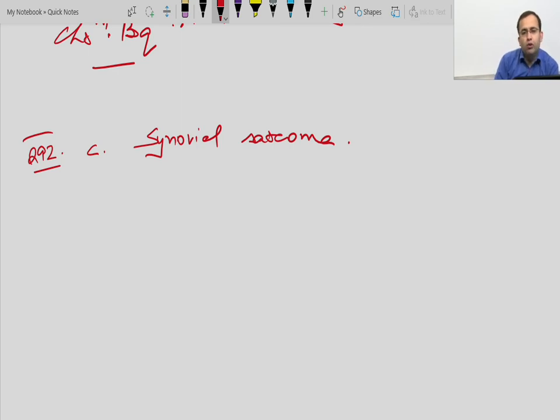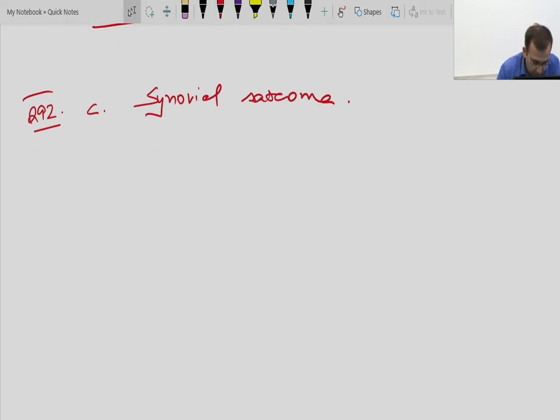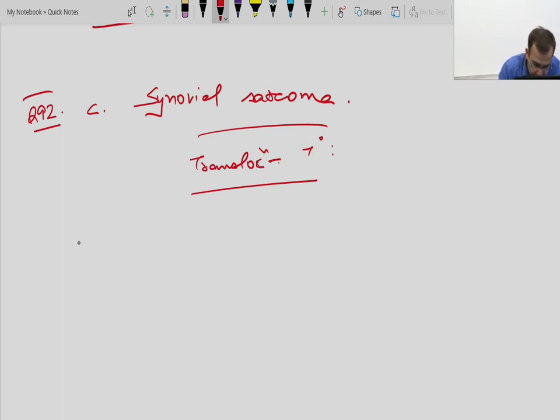First point, what do we mean by this? Let me rephrase it. This gets us to the translocations associated with various tumors, starting with Ewing sarcoma. These lists, unfortunately, have to be remembered.